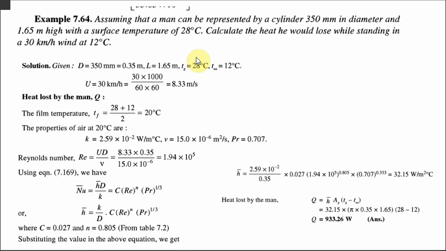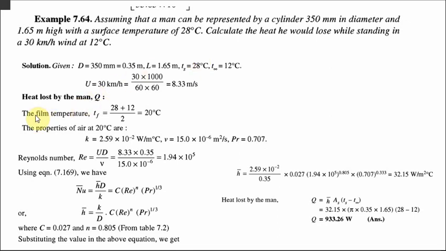Our ultimate aim is to find a correlation for the Nusselt number from which we can calculate h, and once we know the value of h, we can calculate the total heat transfer Q, which is equal to h A delta T, where A is the peripheral surface area of the cylinder, that is the perimeter of the cross-sectional circle into length.